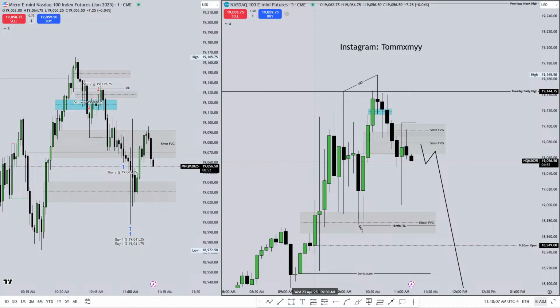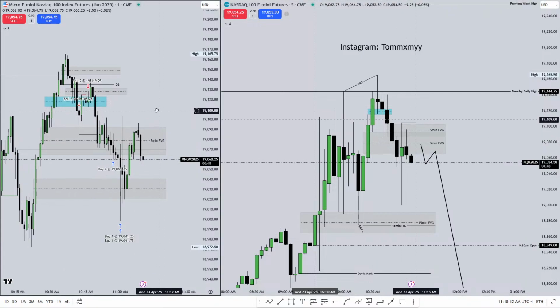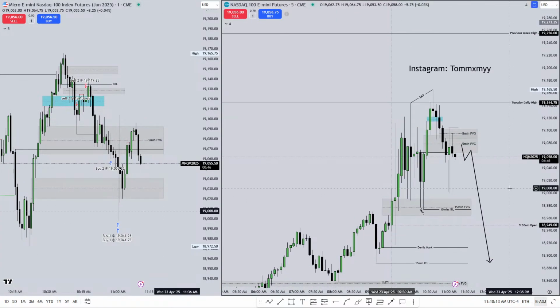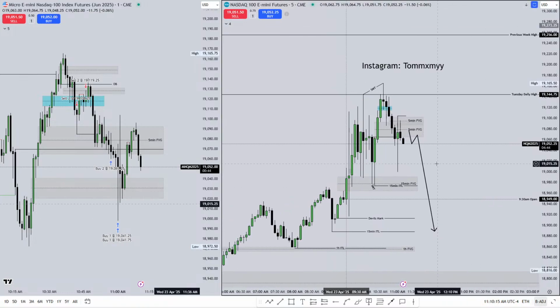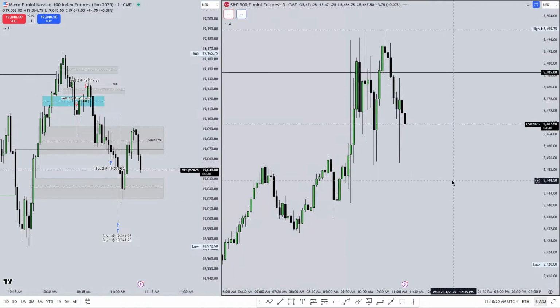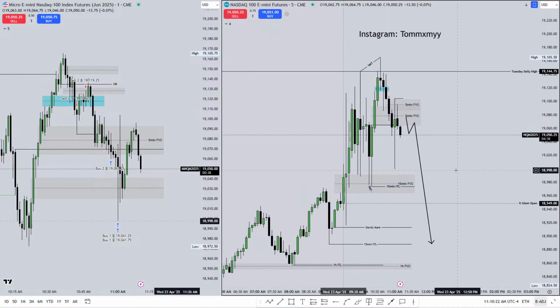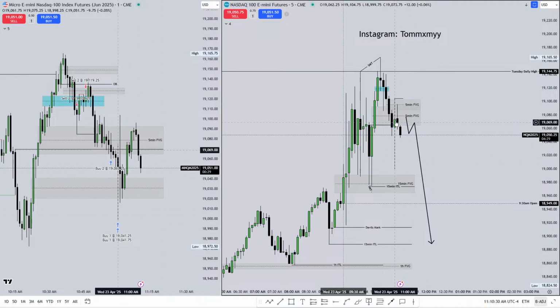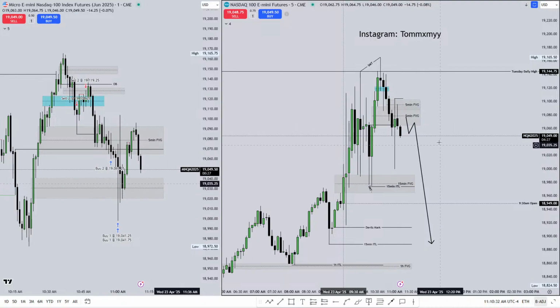All right, I'm gonna get out of here. I think shorts continue, but I wouldn't be trading this. But yeah, that's gonna be it.